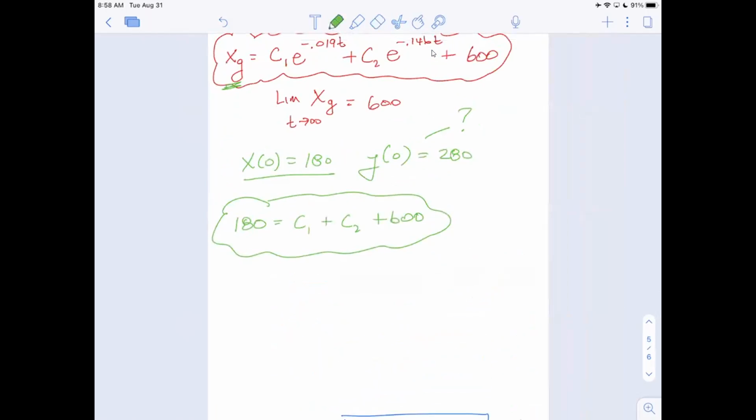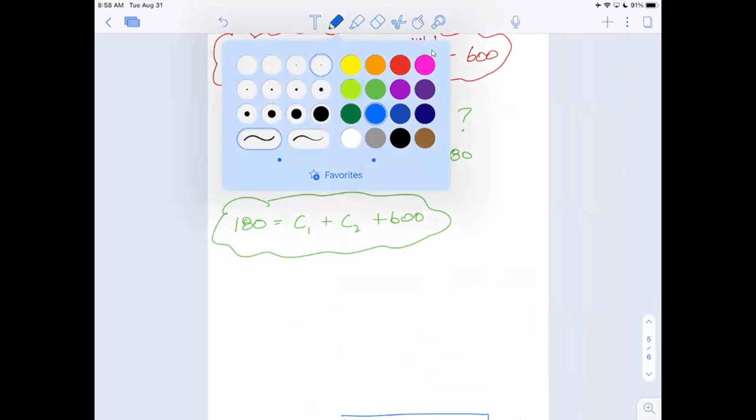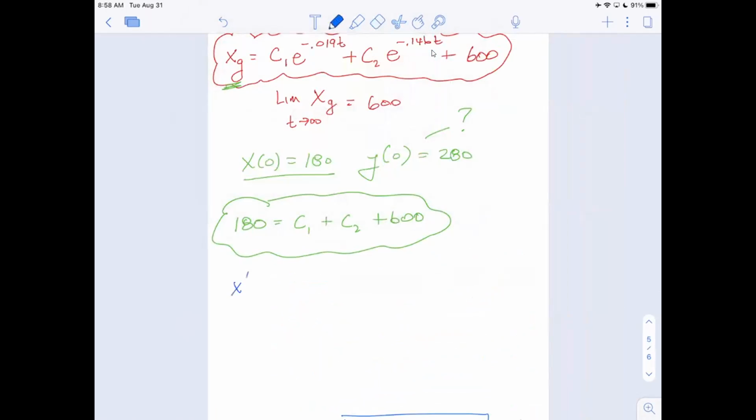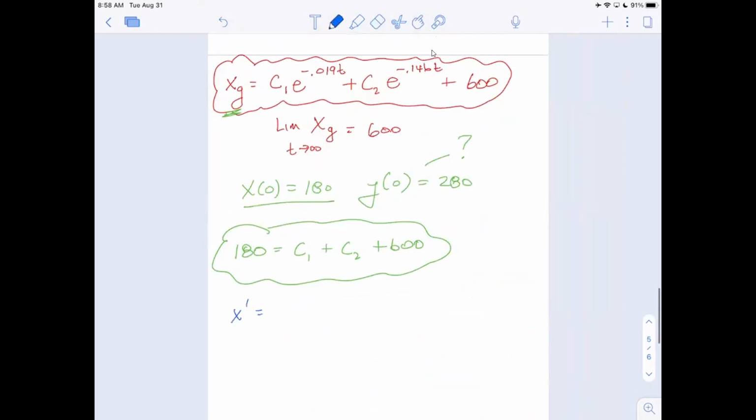So let's get the x prime equation. So x prime would be equal to, again, I'm just taking a derivative. So that would be derivative of e to the junk. So that means the 0.019 would come down front multiplied by C1, but the e wouldn't change. Same thing's going to happen with the other one. And then, of course, the derivative of 600 is gone.